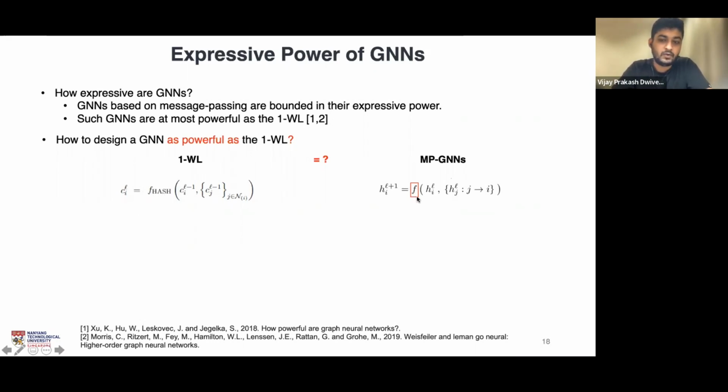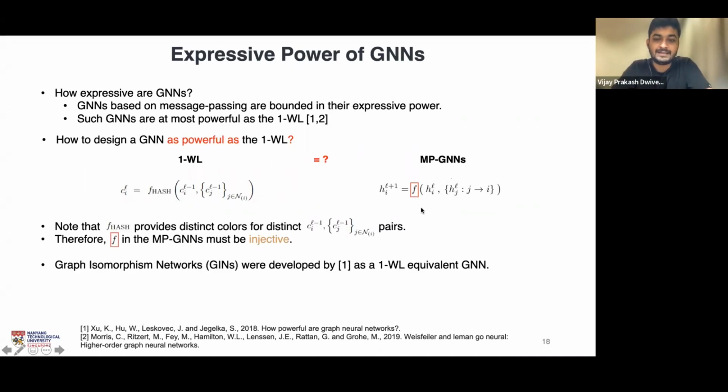So now if we focus on this f and we make it injective, because in 1WL, the function provides a distinct color for distinct color and neighbor color pairs. If we make the f injective in the message passing GNNs, then we have a GNN that is the most powerful GNN compared to the 1WL, and its expressivity becomes equal to that of 1WL.